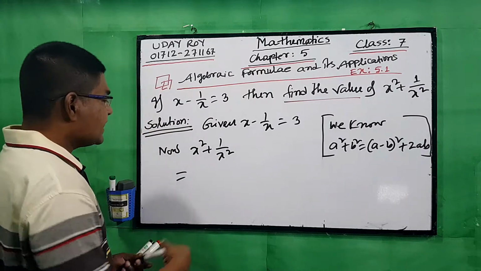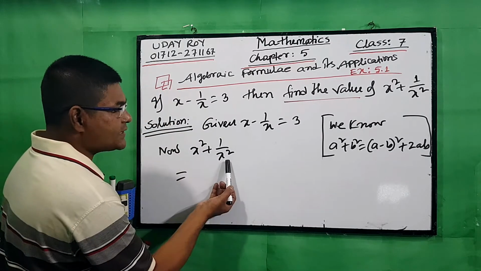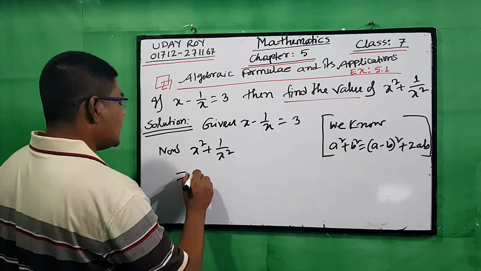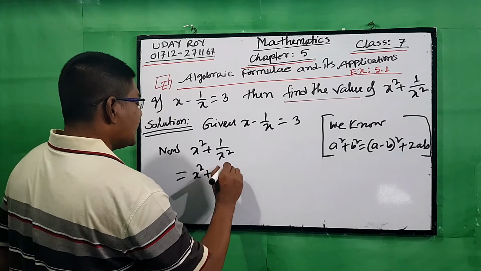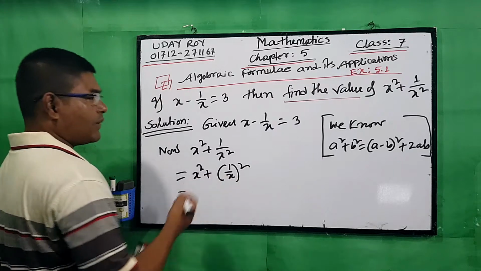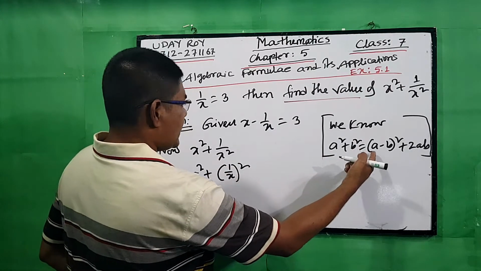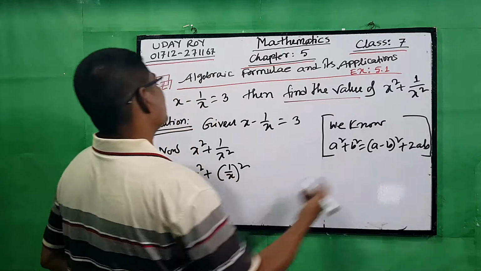So here this is A square and this is B square, A square plus B square. Here this is A and 1 by x, this is B. So A square plus B square equal to A minus B whole square plus twice AB.